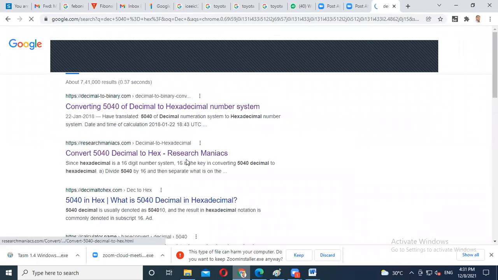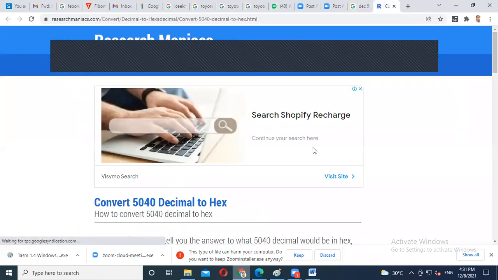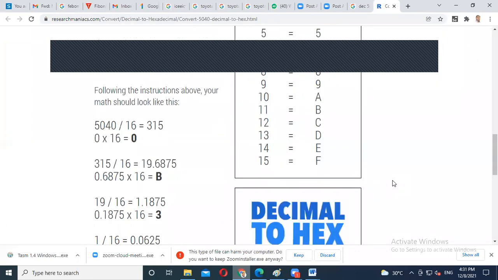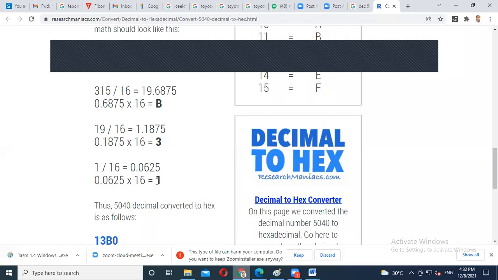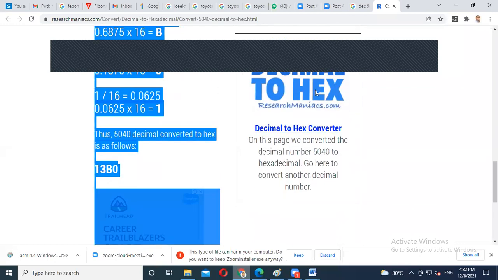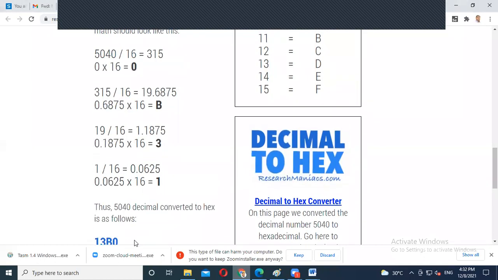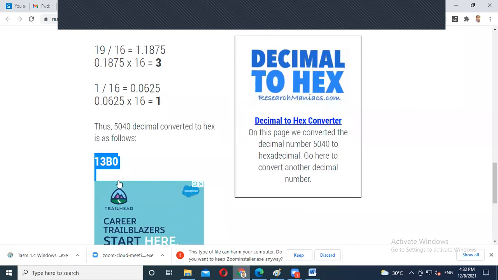Okay. Here only I have given you the conversion. See, 5040. How are you going to convert? That answer is 13B0. Yes or no? So this output you have to get, that is 13B0.